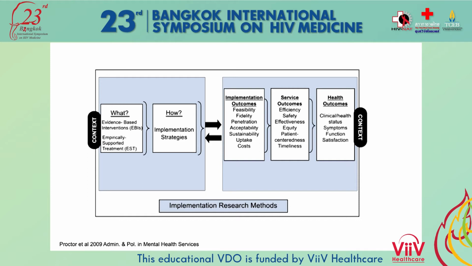How do we take a program like PrEP or treatment and, in a very specific way, define the interventions that we're looking to use, and how are we going to evaluate those interventions? That's where these implementation outcomes become very useful in the context of your programs: the feasibility, the fidelity, the penetration, the acceptability, the sustainability, the uptake, the implementation cost. It's those two elements that I'm really going to be focusing on today.